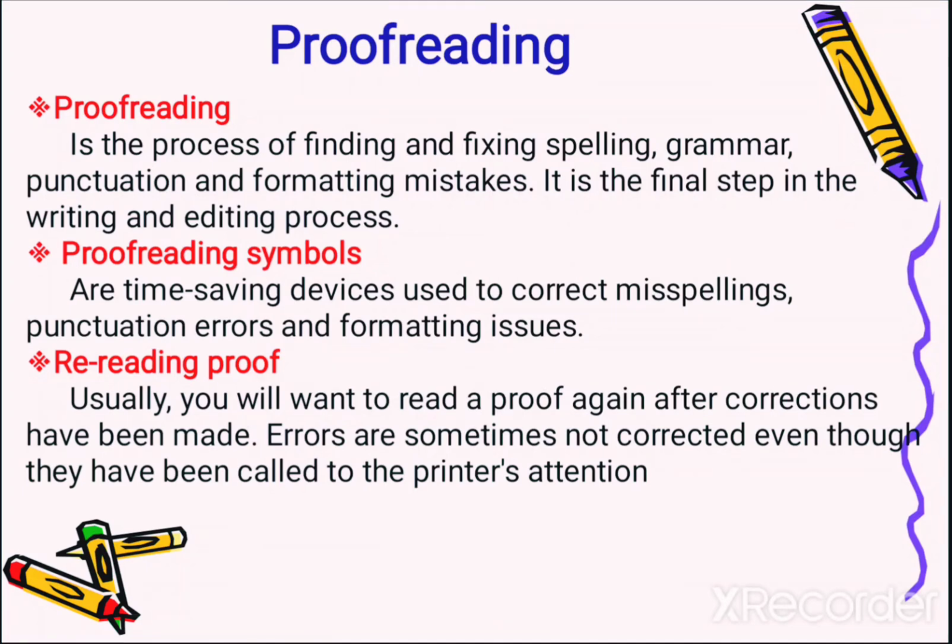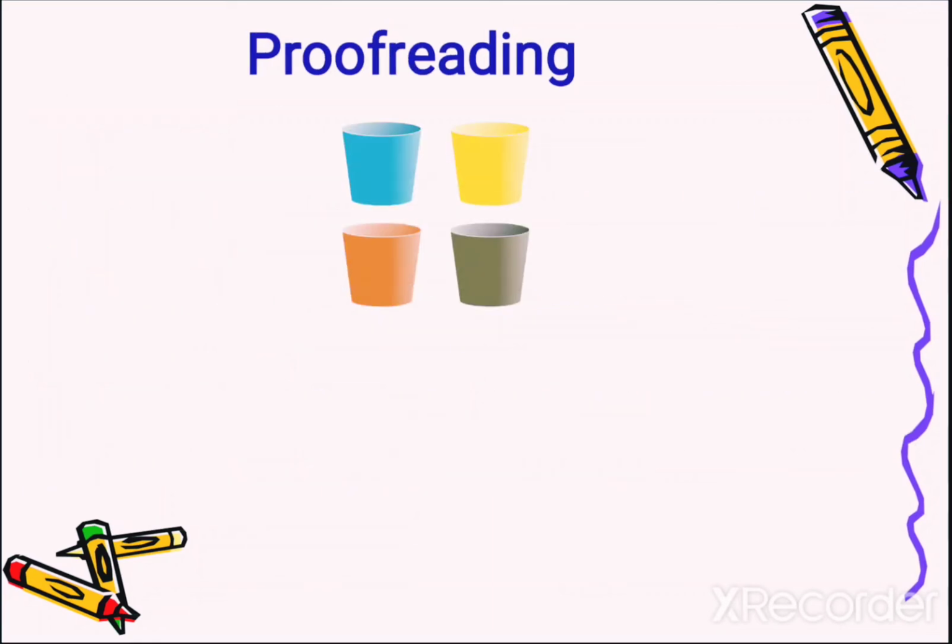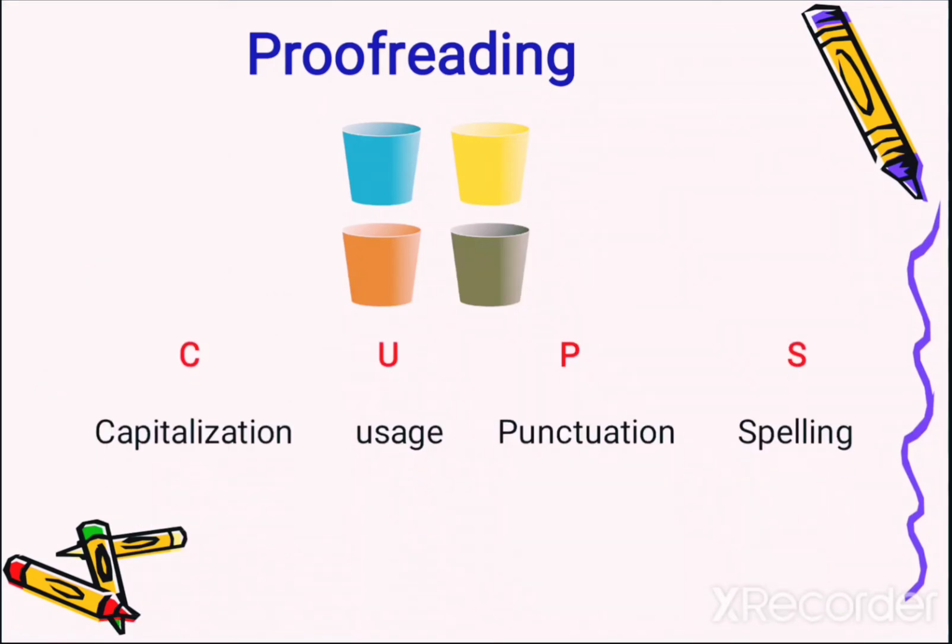So this is about copy editing and proofreading. If you don't understand anything, you can ask me in the comment box about this concept. Then, under proofreading, I will tell you in short how to keep it in mind. CUPS: C for capitalization, where if a word is lower case you make it capital, and the first letter of any sentence should be capital. U for usage, meaning the verb, phrases and subject, so that sentences are perfect.